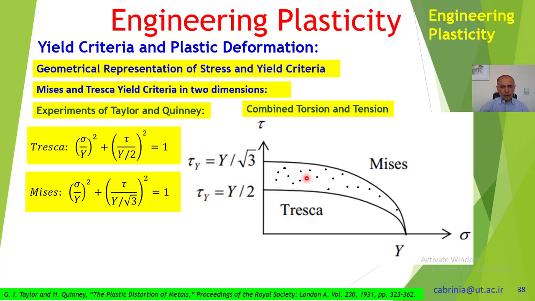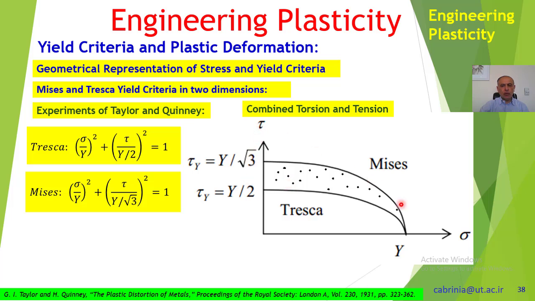But what we have done in the experiment is that we have applied a certain amount of tension, and then we added some torsion to it, increased the torsion so that the cylinder reaches its yield point. Okay, when it has yielded, we note the value of the torsion, and we have the value of tension as well.